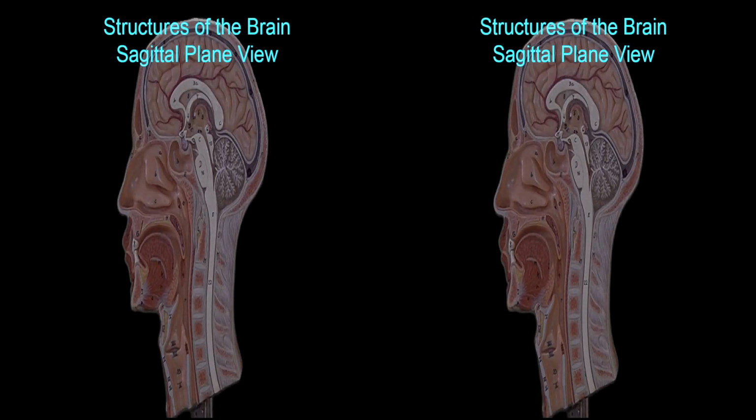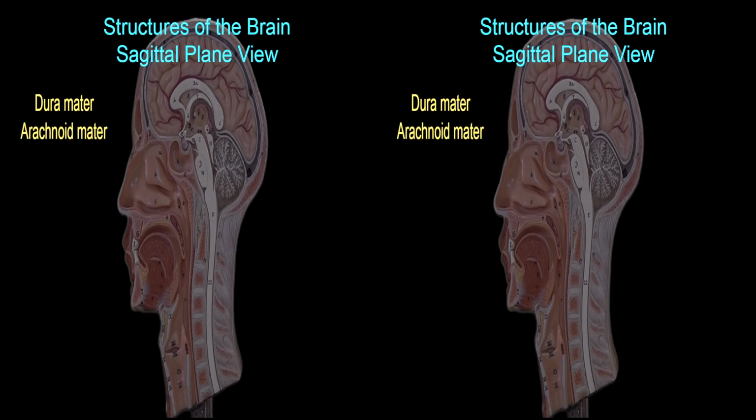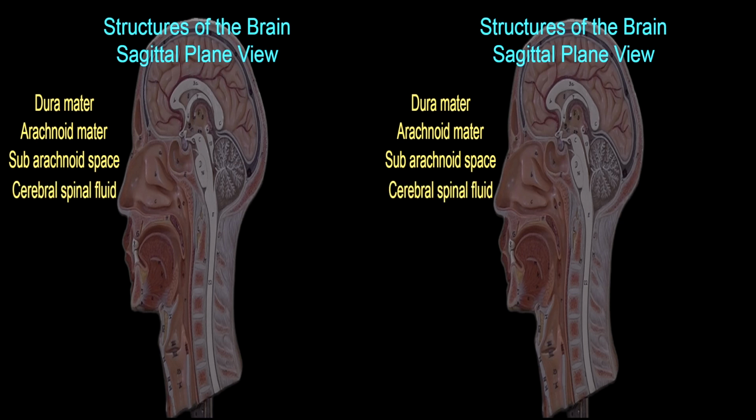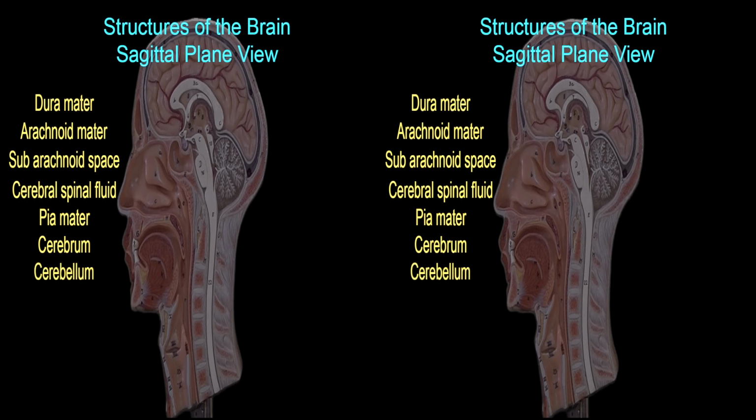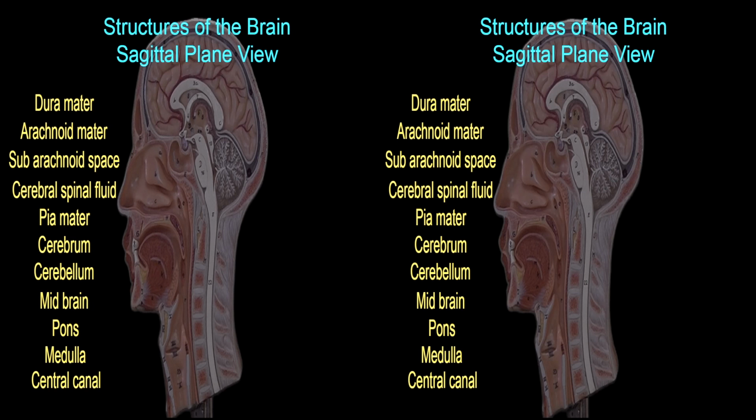Structures of the brain. Sagittal plane view. Dura mater. Arachnoid mater. Subarachnoid space. Cerebral spinal fluid. Pia mater. Cerebrum. Cerebellum. Midbrain. Pons. Medulla. Central canal.